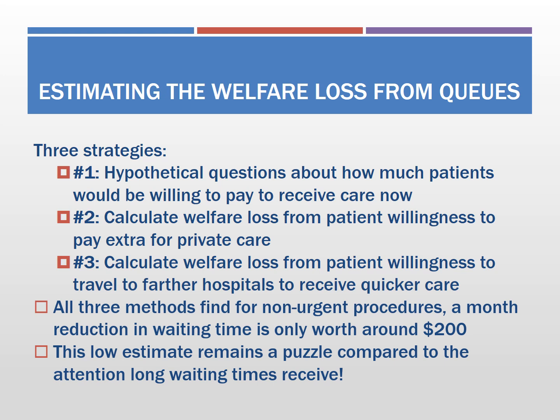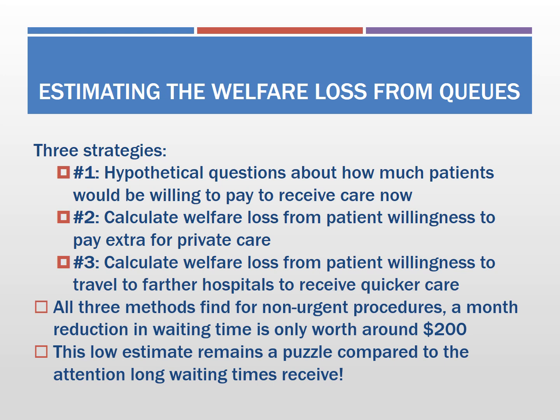So that means people who want to reduce a month of waiting time for non-urgent procedures are only willing to pay at most 200 on average to get the service right now.